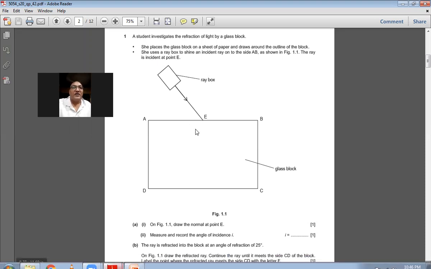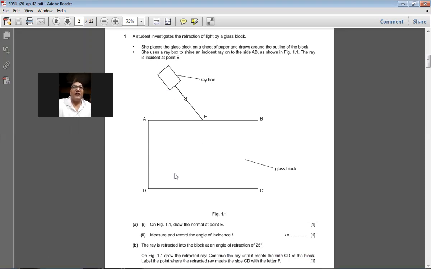Here we have a ray box. This is a glass slab, and the ray box is like a torch, a light or a laser. This is the light which is incident on this face of the glass block, and it will pass through the glass block, it will be refracted, and then it will emerge from the face CD.